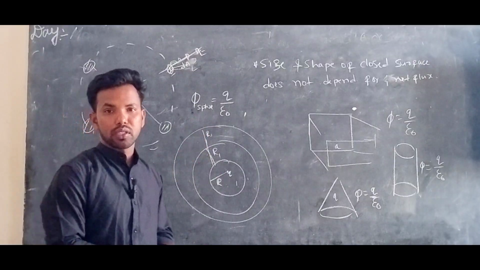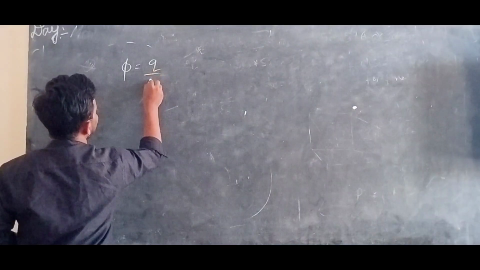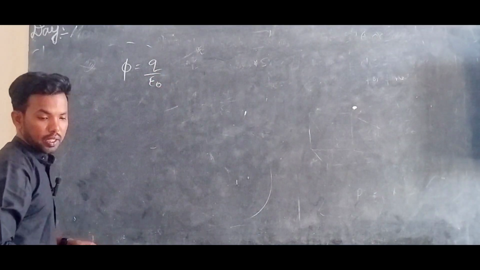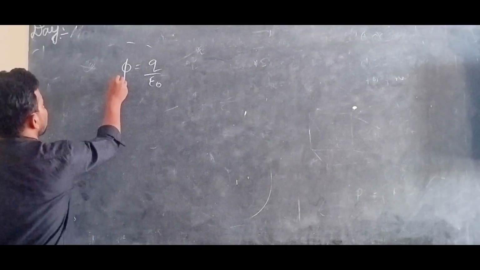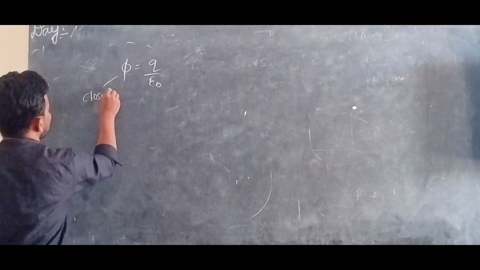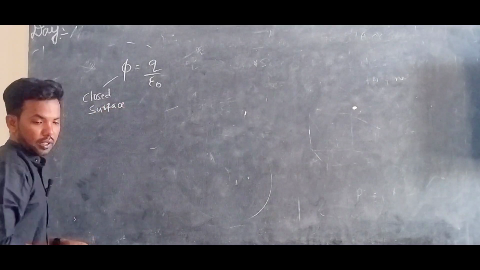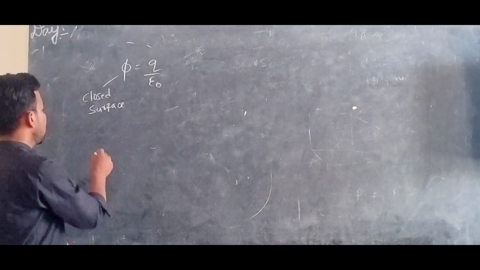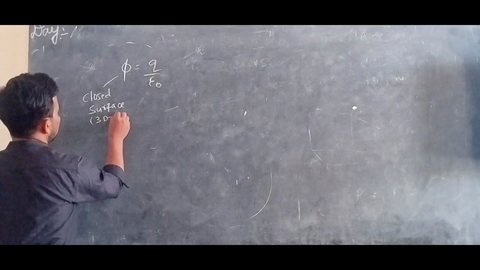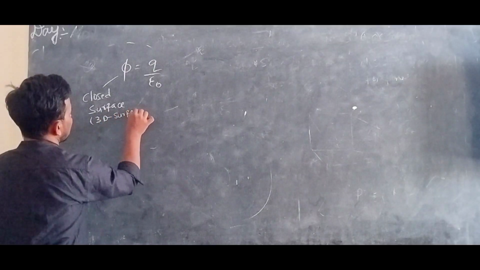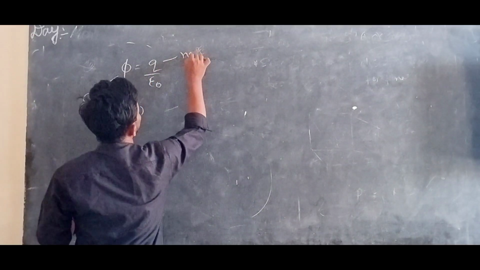Take this point. Q by epsilon naught for a closed surface, that's the 3D surface. This is the net charge.